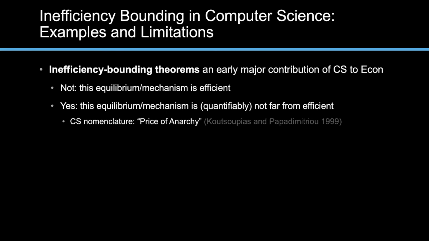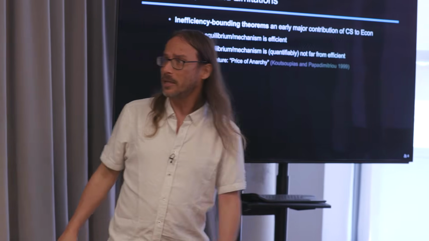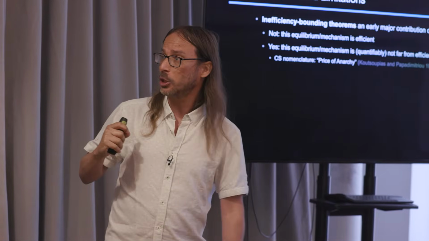Why do this? Because I like what I call inefficiency bounding theorems, and computer scientists call approximation theorems. These are, I think, an early major contribution of computer science to economics. These are not theorems that say this equilibrium or this mechanism is efficient. These are theorems that say this equilibrium or mechanism is quantifiably not far from efficient.